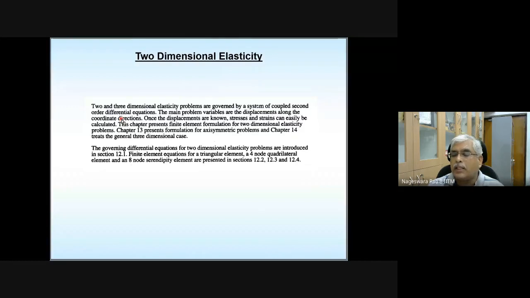In two-dimensional problems, you are going to have two coordinates, so two components of displacement along each coordinate direction. So the main variable that needs to be determined is displacement. Once the displacements are known, stresses and strains can easily be calculated. This lecture is going to present the finite element formulation for two-dimensional elasticity problems, which is the title here.